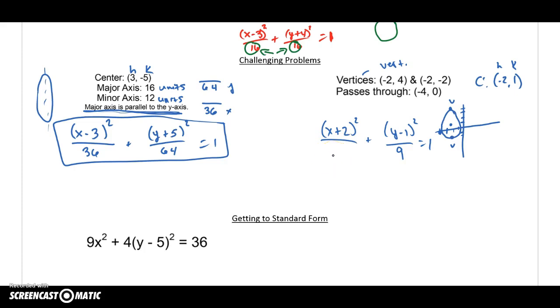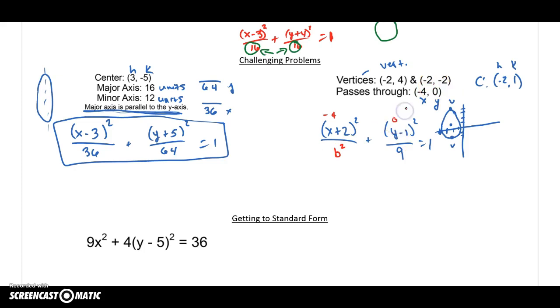The last thing that I need is the denominator underneath x. Well, the way I find that, I don't know anything about the distance in this direction, but what I do know is an x and a y. So we can plug those in. So negative 4 goes here, and 0 goes in here. I'm going to call this b squared down here because we said b squared was the smaller one.